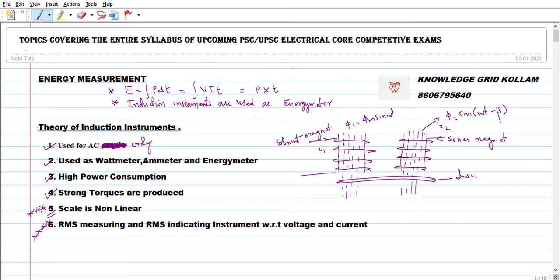So, because of the alternating flux cut, an EMF is induced. Now this disc is a circular, closed path. Therefore, a current is produced, an eddy or circulating current. This is the working principle of induction type instruments.